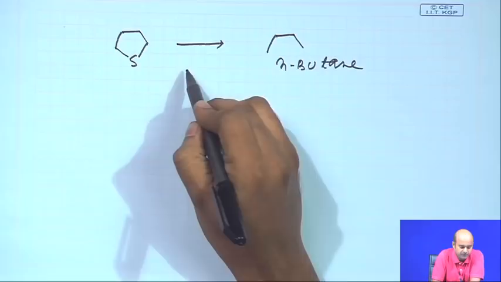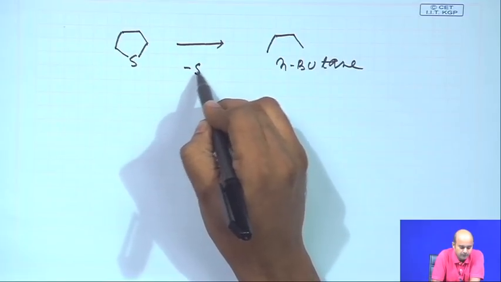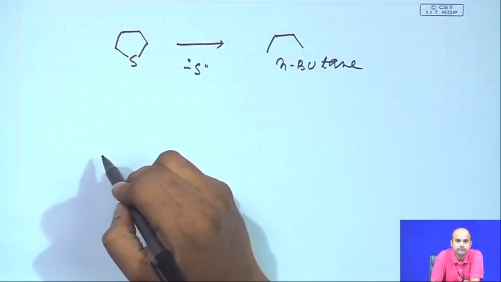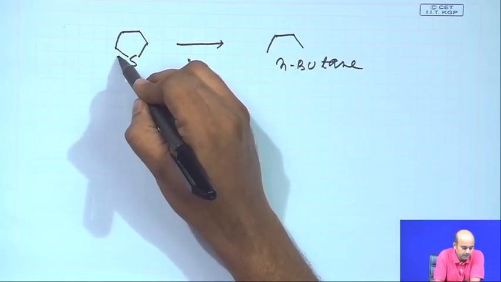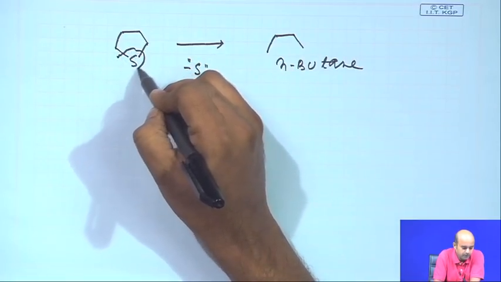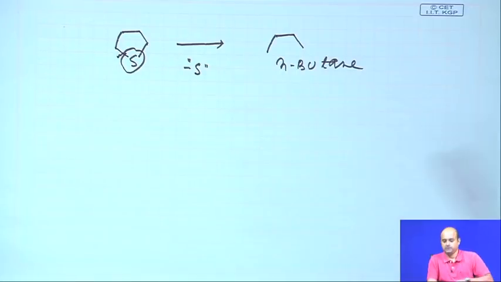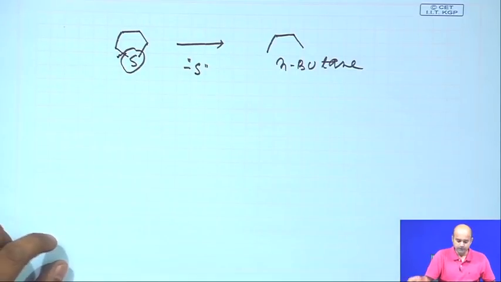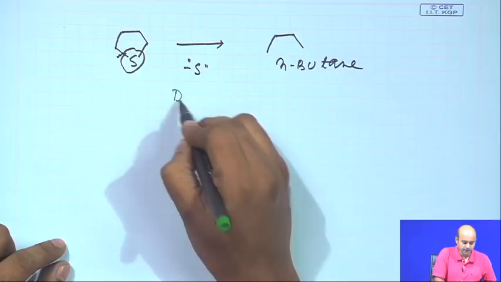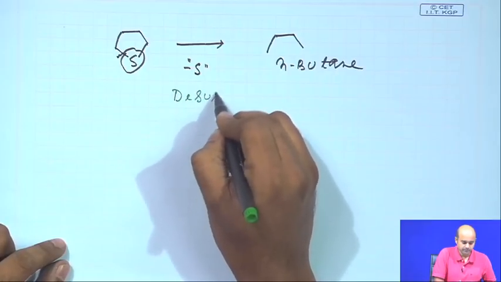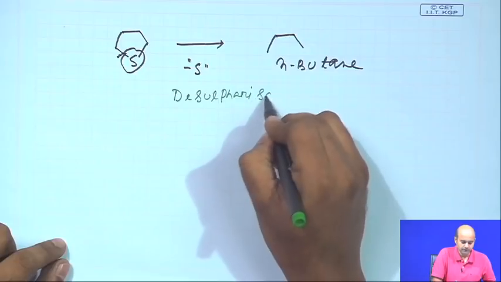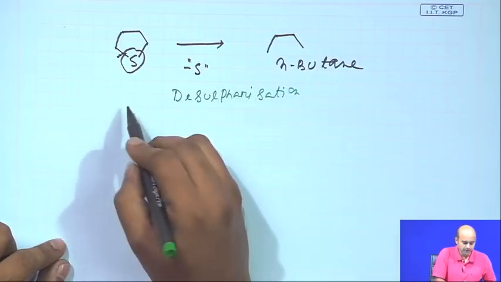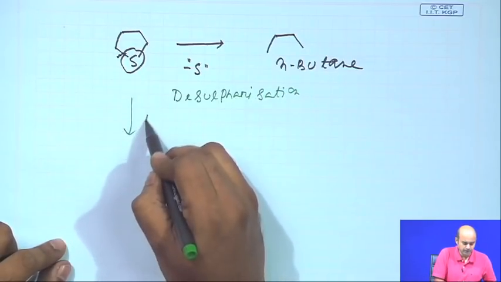You may say that, sir, if you can remove this sulfur, this is done. You need to get rid of this sulfur part. So, essentially the reaction is a desulfurization reaction, and in reality this reaction is very efficient.